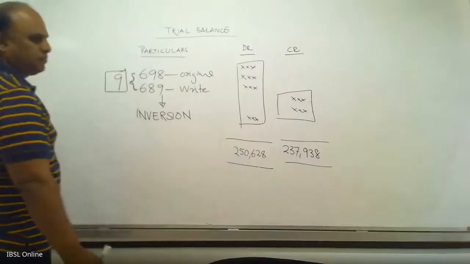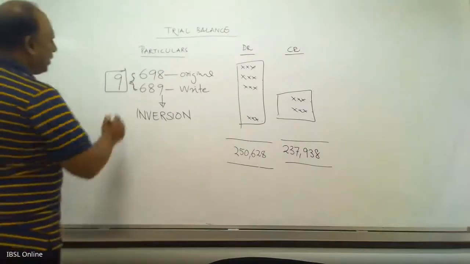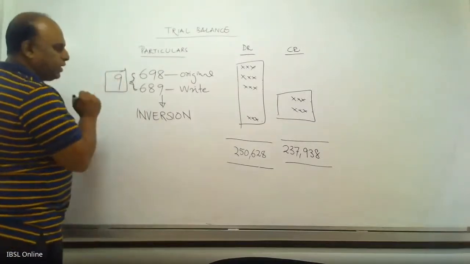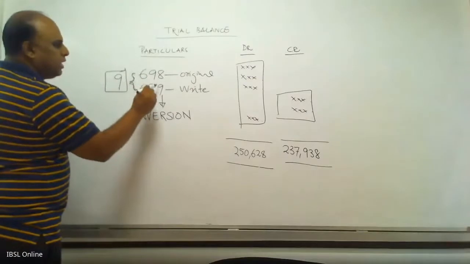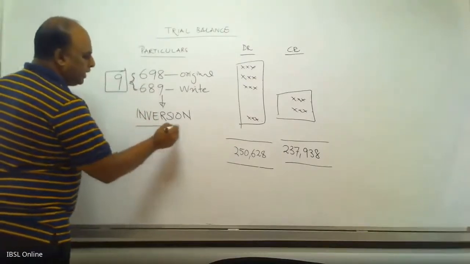You see, the difference between the two is 9. Okay, so when you get this type of error, why? Because the number has been written with an error of inversion.